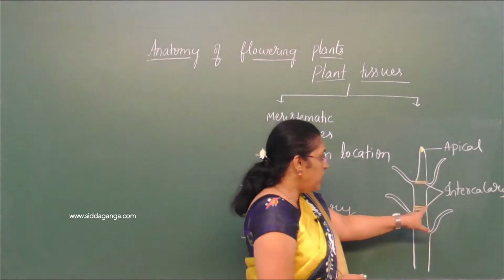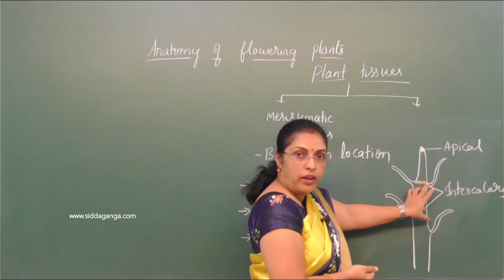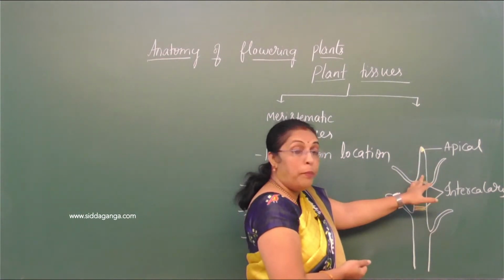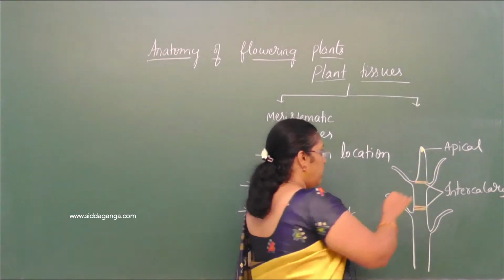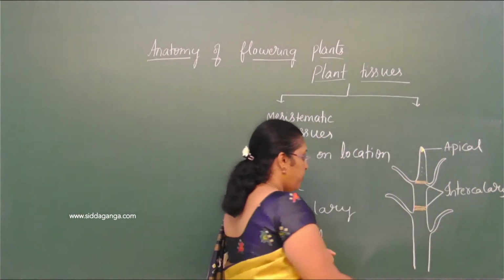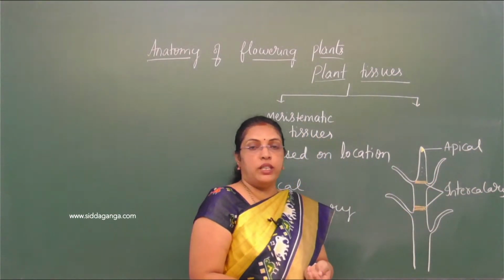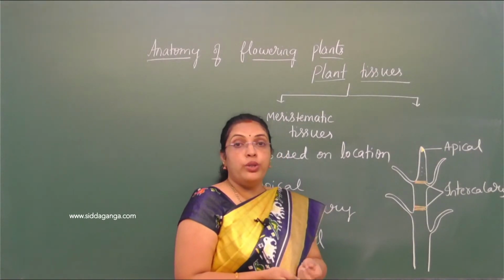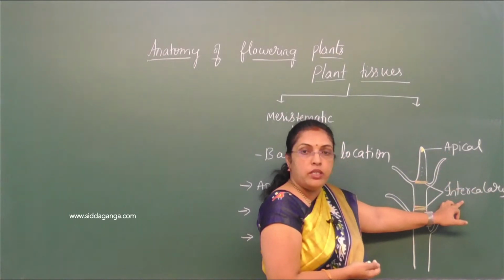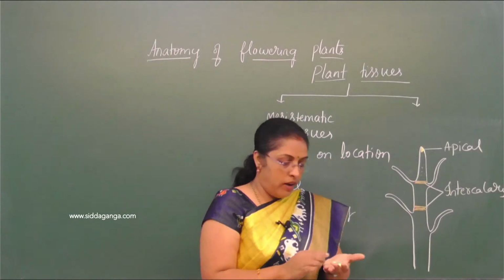In between, permanent tissue is formed. Both apical meristems and intercalary meristems help in elongation or longitudinal growth of plants.